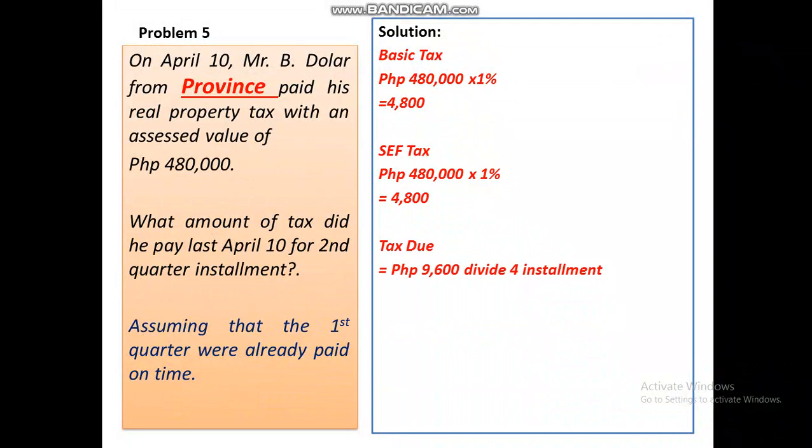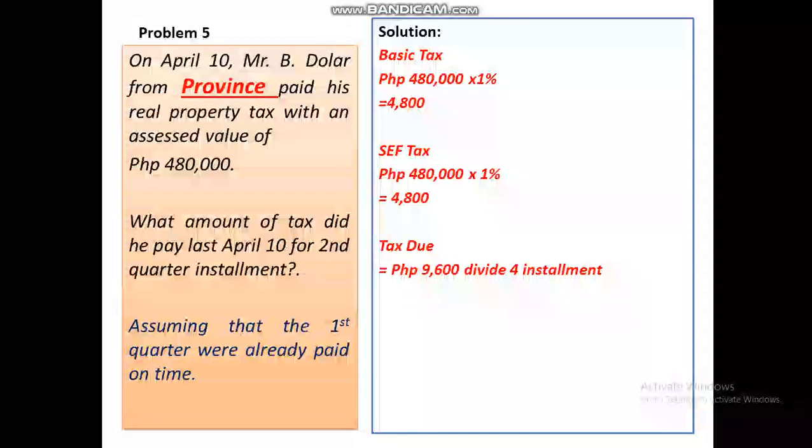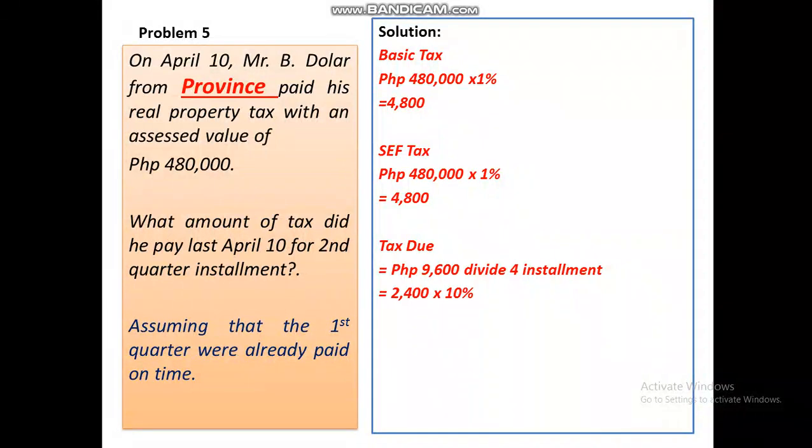Since it happened na installment basis po nagbayad si Mr. Bidular. So 9,600 divided by 4 is equivalent to 2,400. Ano po bang ibig sabihin ng 10%? Since on the second quarter installment ay naka-prompt payment po si Mr. Bidular ng 240 pesos. Bakit kamo? Bakit nagkaroon?